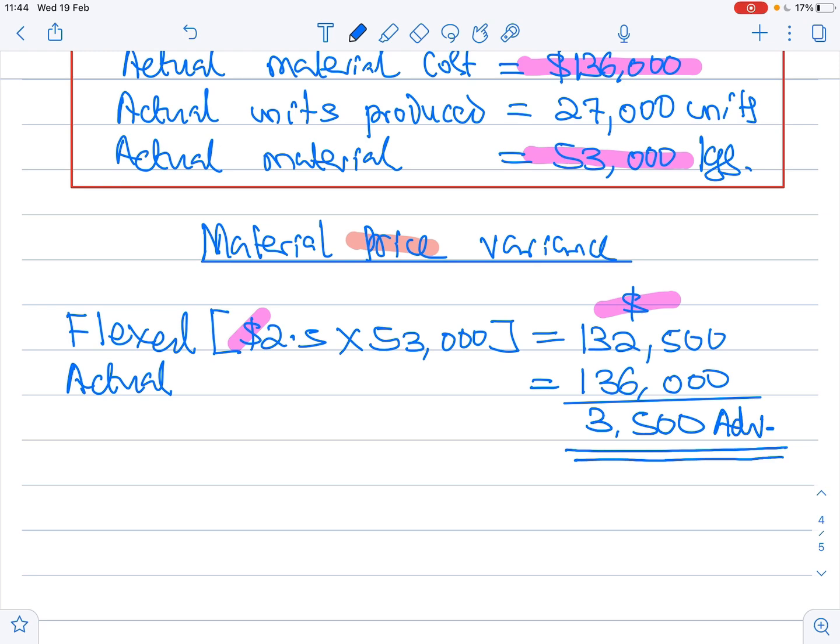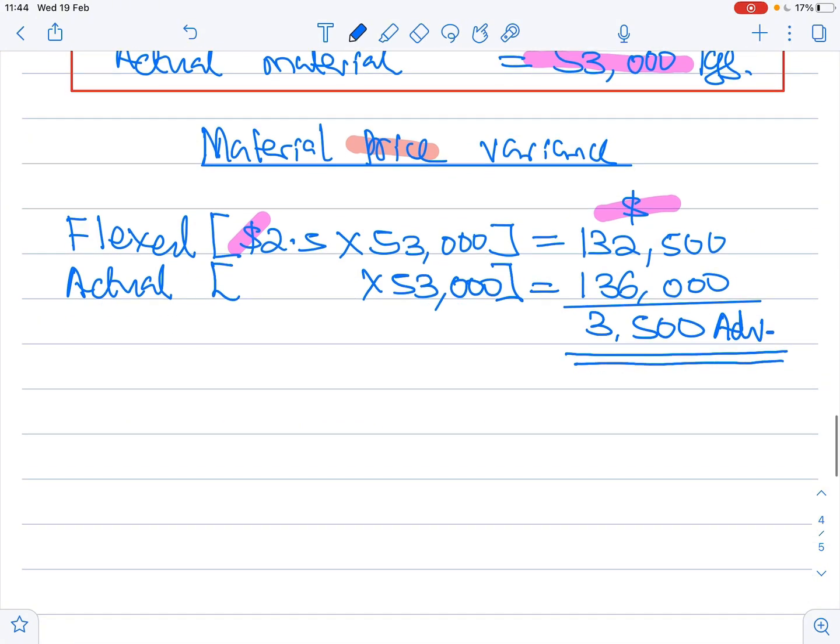The other thing you could probably do is to ask yourself how much did the purchasing manager pay per kg? Well, you can do the maths. If you have purchased 53,000 kgs, let's work it out. You spent $136,000, so let's divide this by 53,000 kgs so that we can know the dollar per kg.